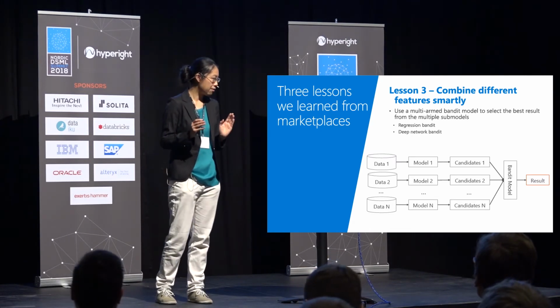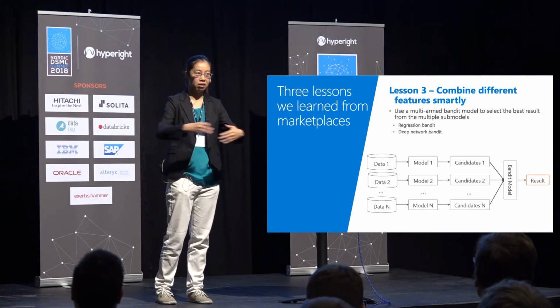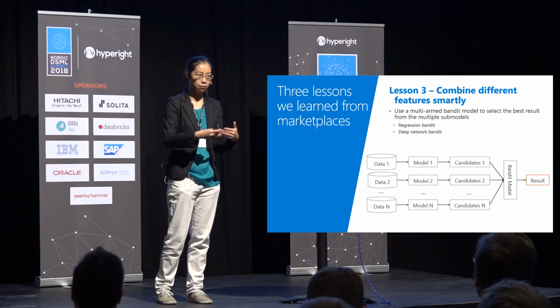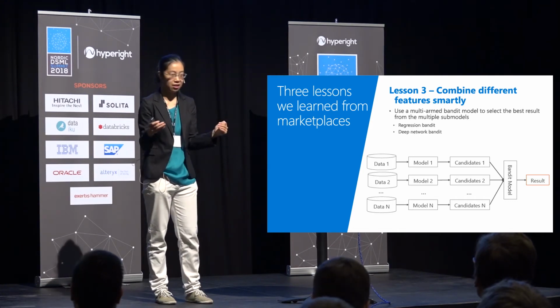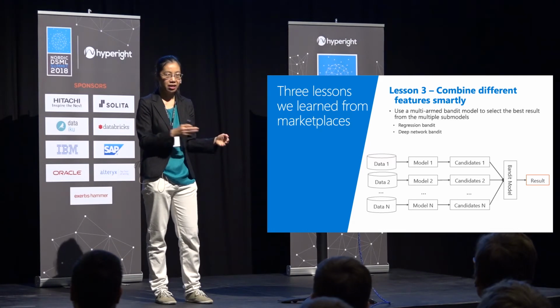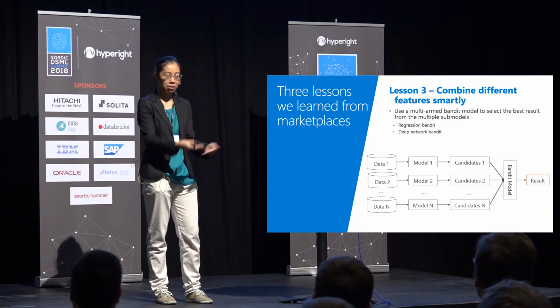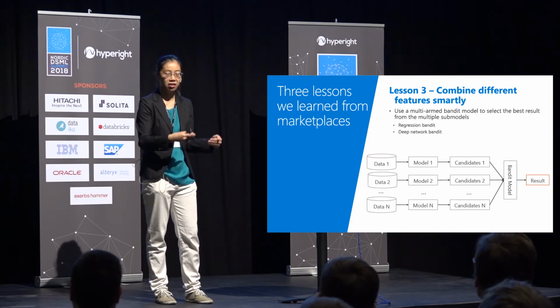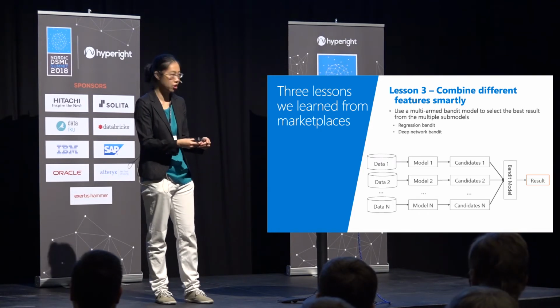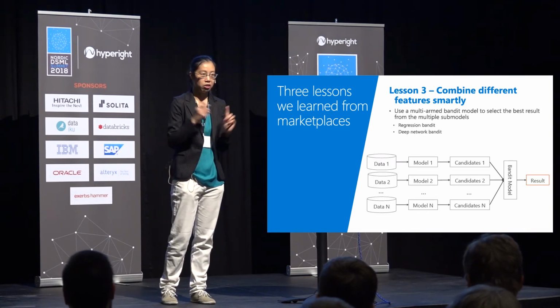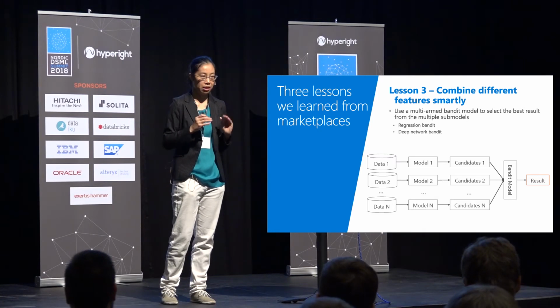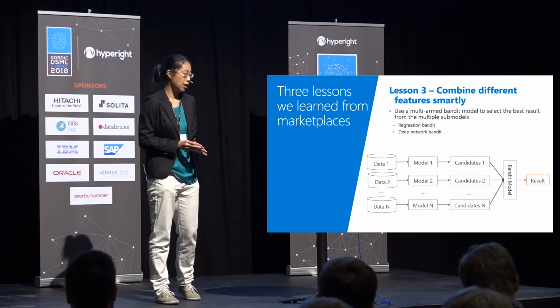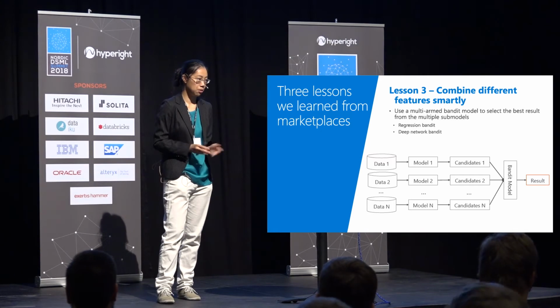But then we have a bandit model which collects all the candidates from the sub-models and checks their score, their belief: this is my recommendation, this is my confidence that it's a good recommendation. And it will generate the final results and present them to the user. You can have different choices on how to build this bandit model.